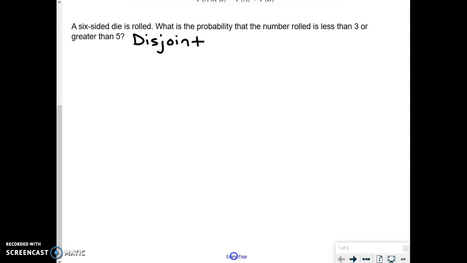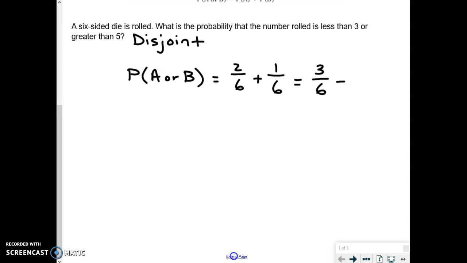So the probability of A or B would be equal to the probability of A, a number rolled that is less than 3, which would be 2 out of 6, plus the probability of rolling a number greater than 5, which is 1 out of 6, and that would give us 3/6, or the probability would be 1/2.